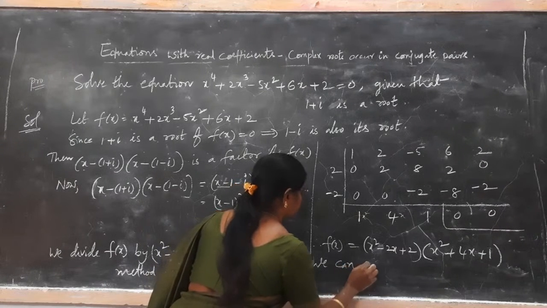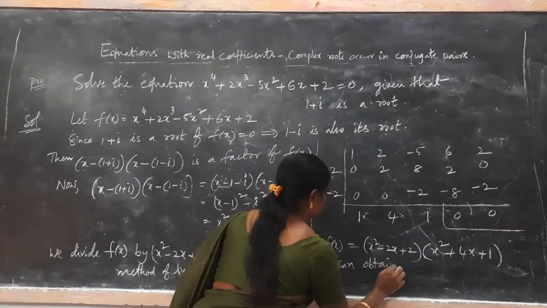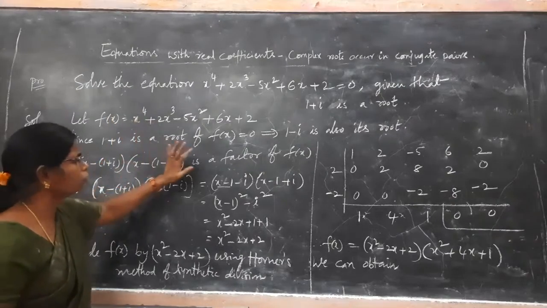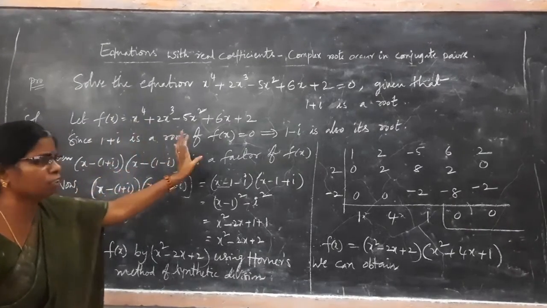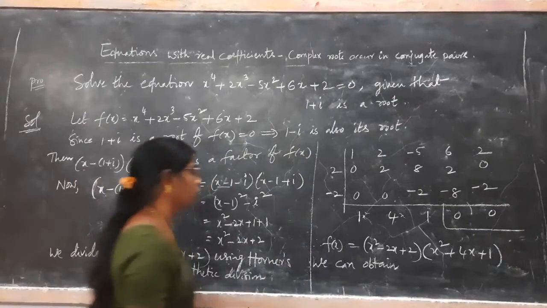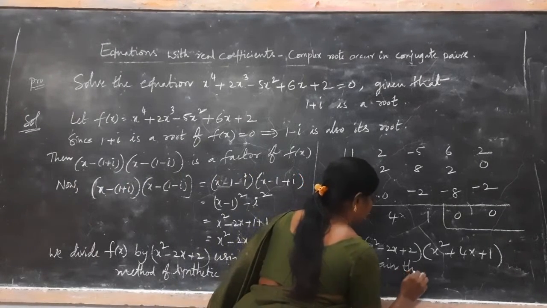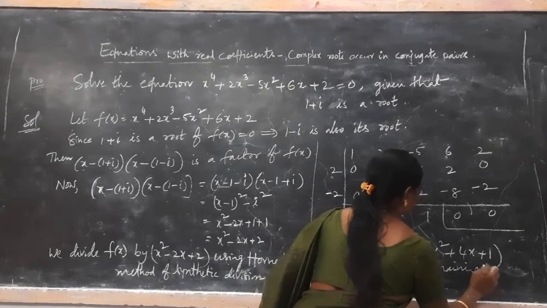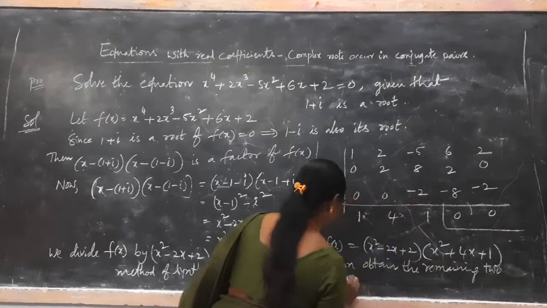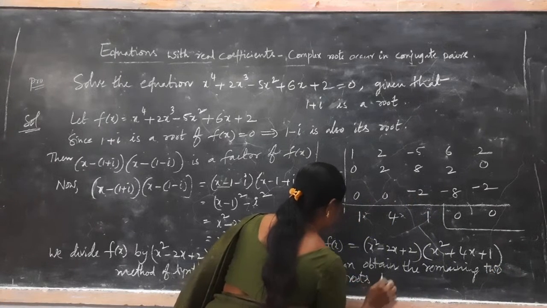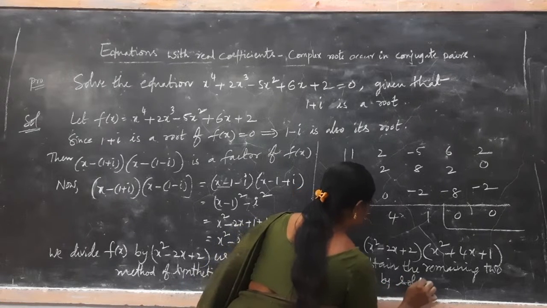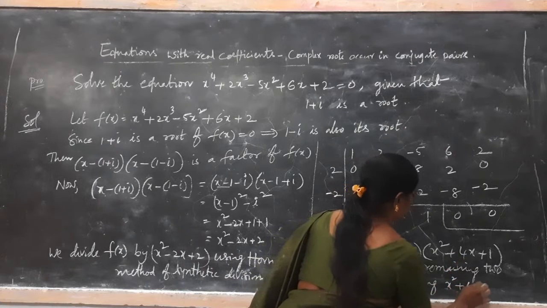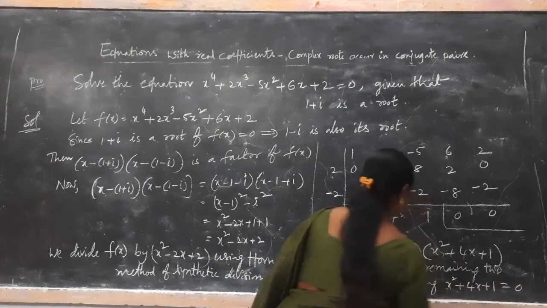We can obtain... this is a 4th degree equation. Two roots are already known, 1 + i and 1 - i. We need two more roots, so we can obtain the remaining two roots by solving x square plus 4x plus 1 is equal to 0.